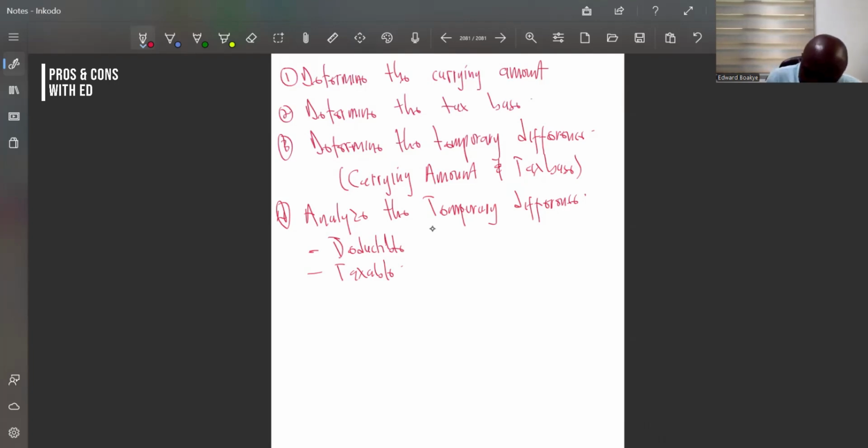Then five, you now have to apply your tax rate on the temporary difference.